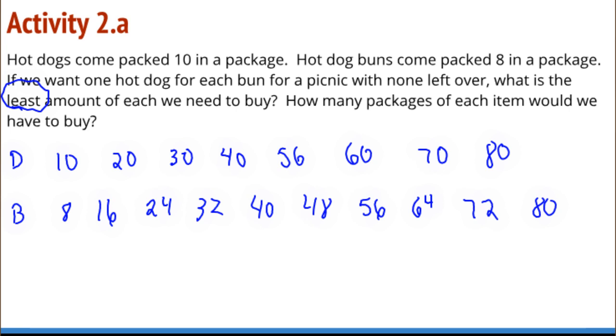And I am looking and saying, at what point do these things become equal? Well, I know that they equal out at 80, and I know that they equal out at 40.